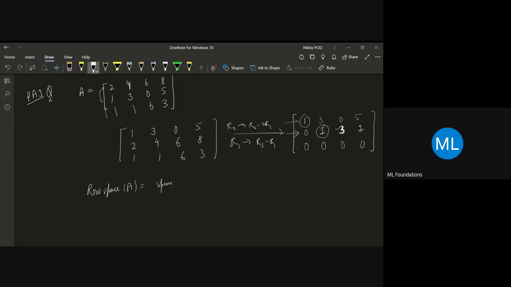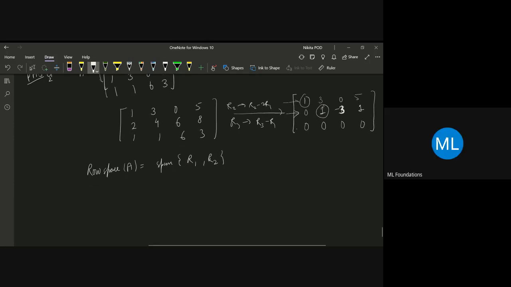The answer is different. It is not the span of (1, 3, 0, 5) and (0, 1, -3, 1).